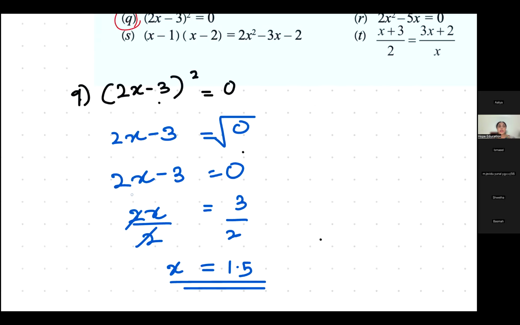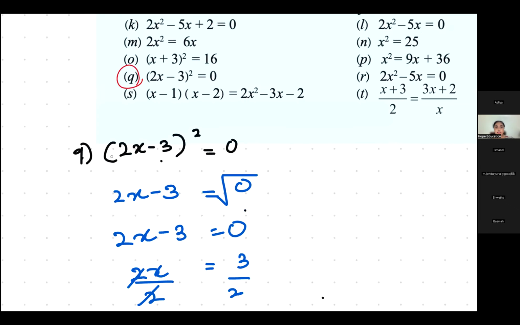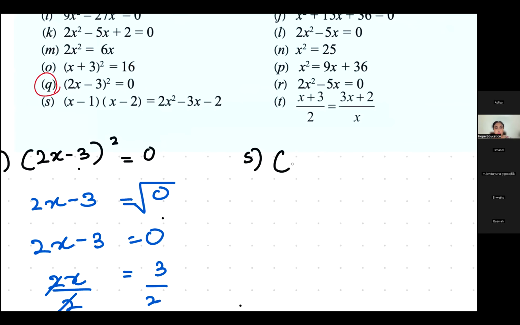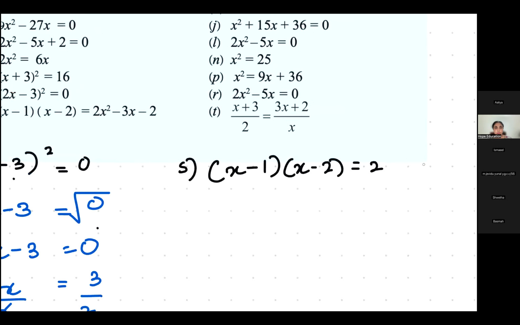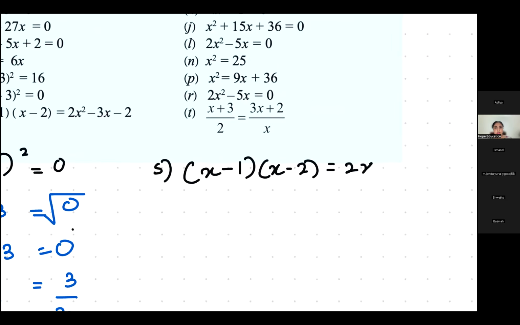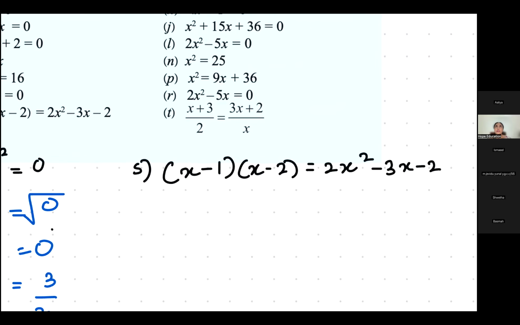Okay. Then the next one is S. It has x minus 1 times x minus 2 equals 2x squared minus 3x minus 2. We know in a quadratic equation, always on one side there has to be 0.